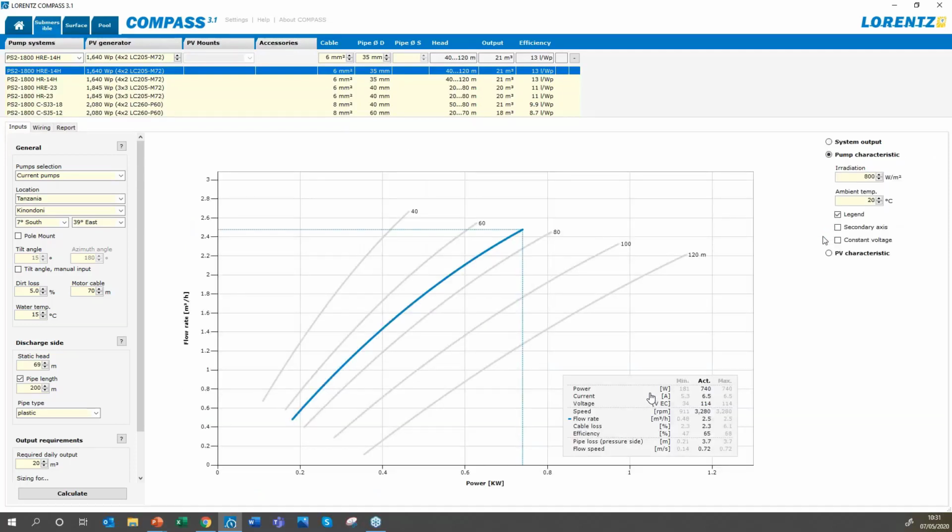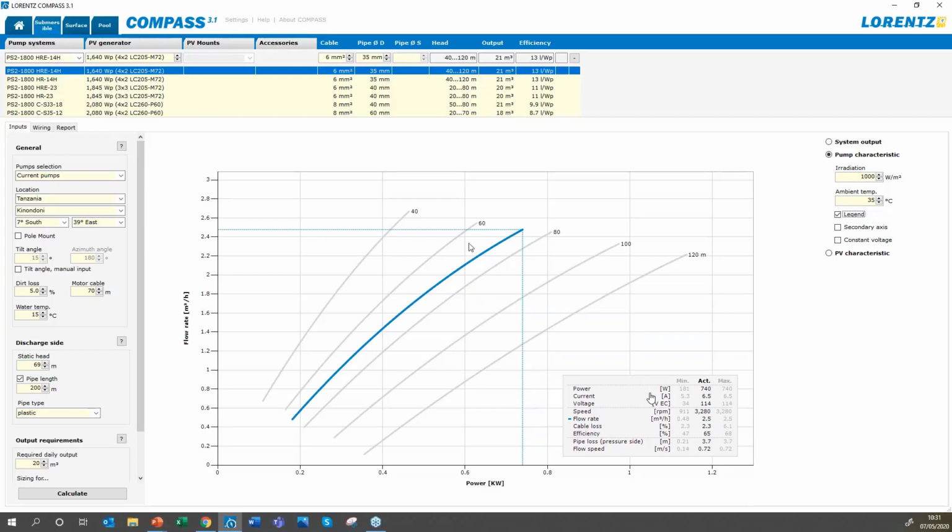What the pump characteristic is going to show us is whereabouts on the pump's curves we are running. So with the configuration we have, we pick a point in time. Let's say it's a nice sunny day with 1,000 watts and we're in Tanzania and we have an ambient temperature of 35 degrees. So what would our pump be doing at this point?